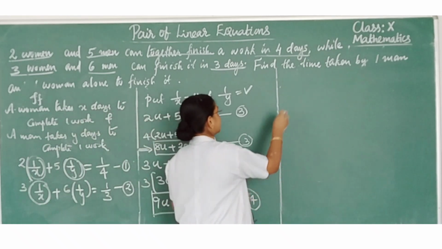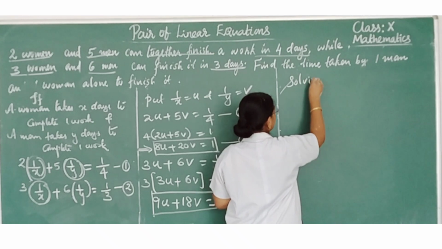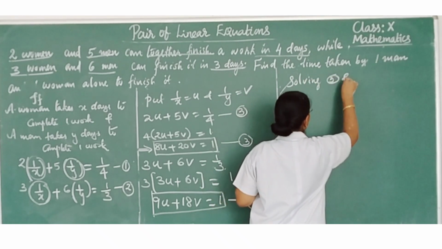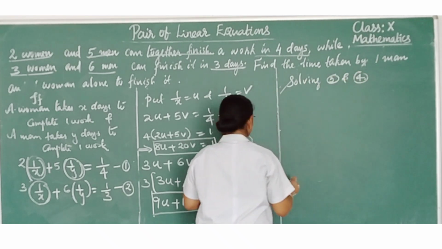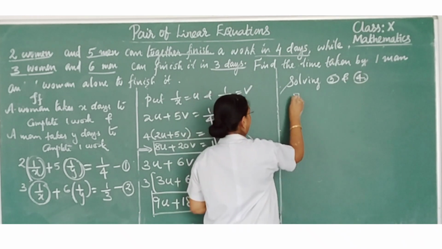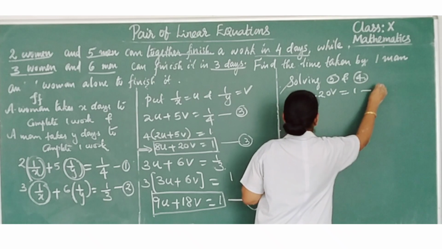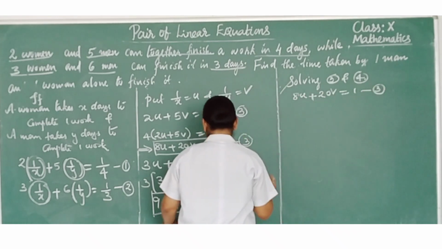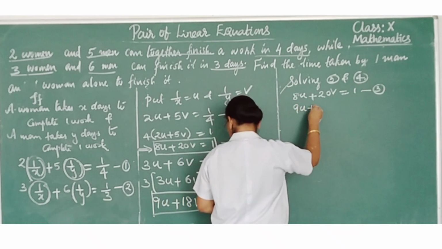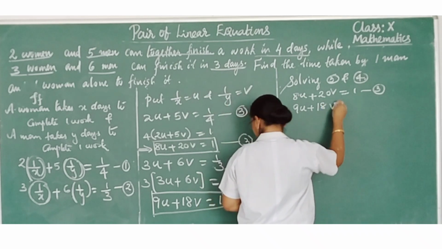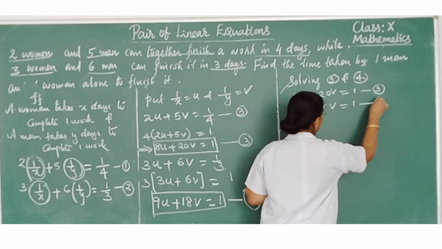Okay, solving equation 3 and equation 4. I am going to rewrite the equation again. 8U plus 20V equal to 1, equation number 3. And 9U plus 18V equal to 1. This is equation number 4.